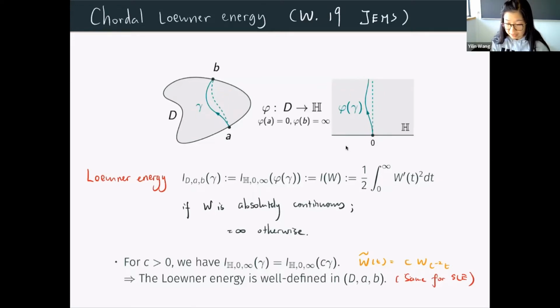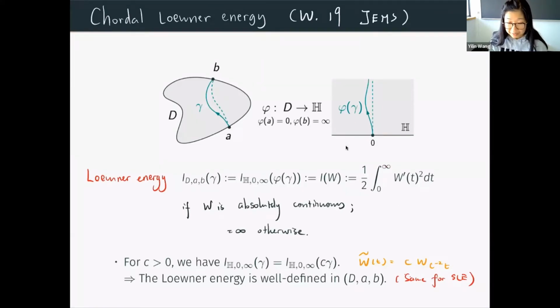Now I can write down its driving function, and I take the Dirichlet energy of this driving function. Well, the Dirichlet energy might not always be defined. If it's not absolutely continuous, you cannot write down what W prime is. But in this case, we just take the Dirichlet energy to be infinity.